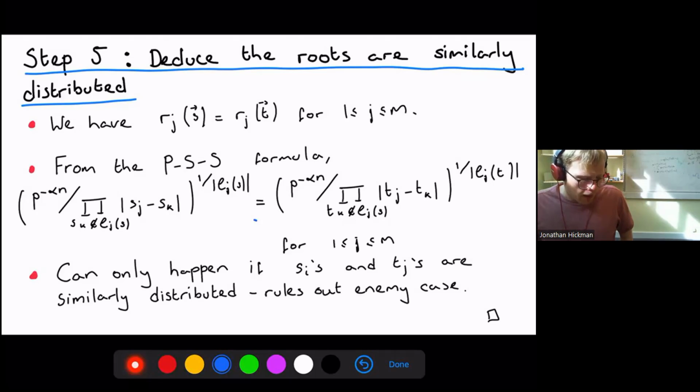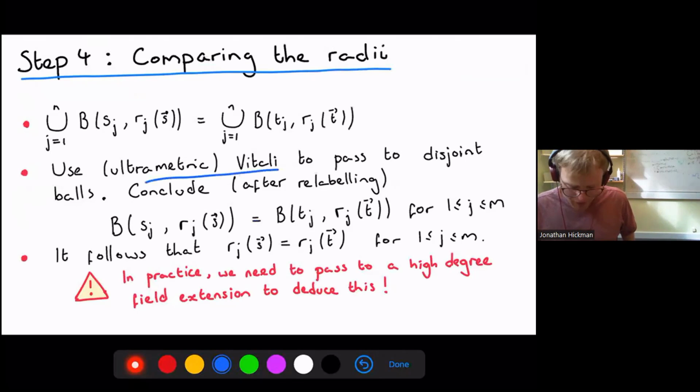I'd like to mention that, as I said, we can adapt this to work in the Euclidean case, but it turns out there are some complications, particularly around the use of this ultrametric Vitali lemma. But you can get around this. It just involves some technicalities.